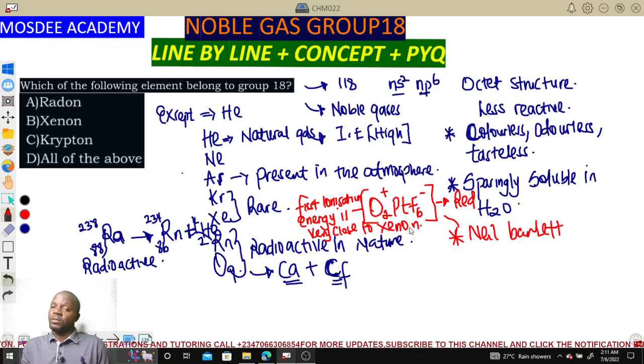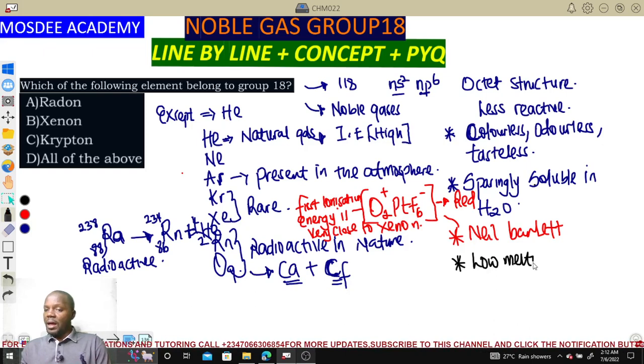Because of the octet structure, you don't expect them to react. Also because of the octet structure, you can write that they have low melting and boiling points.